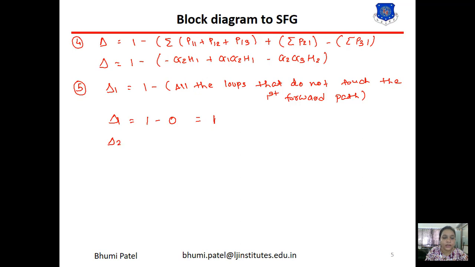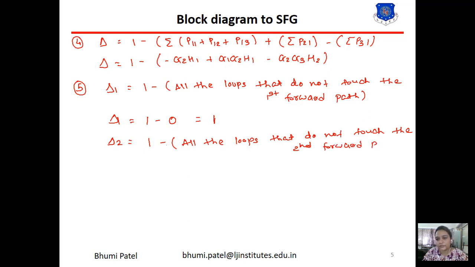Now find the delta 2. The equation for delta 2 is equal to 1 minus all the loops that do not touch the second forward path.